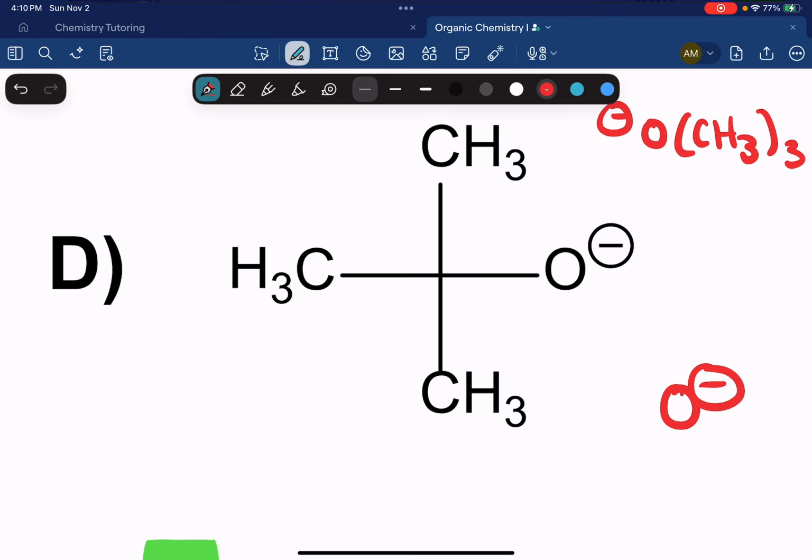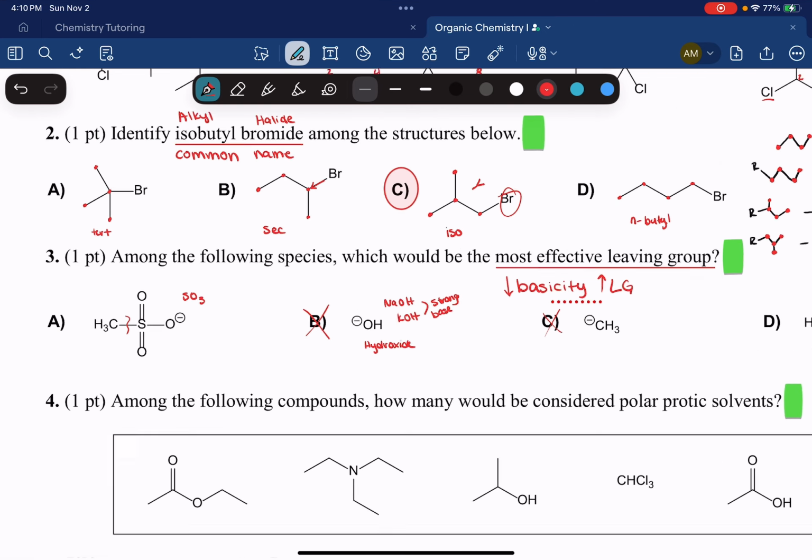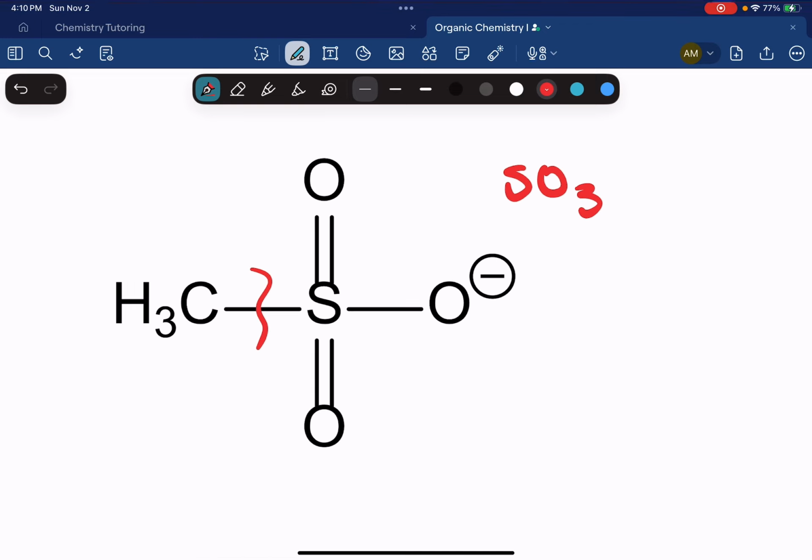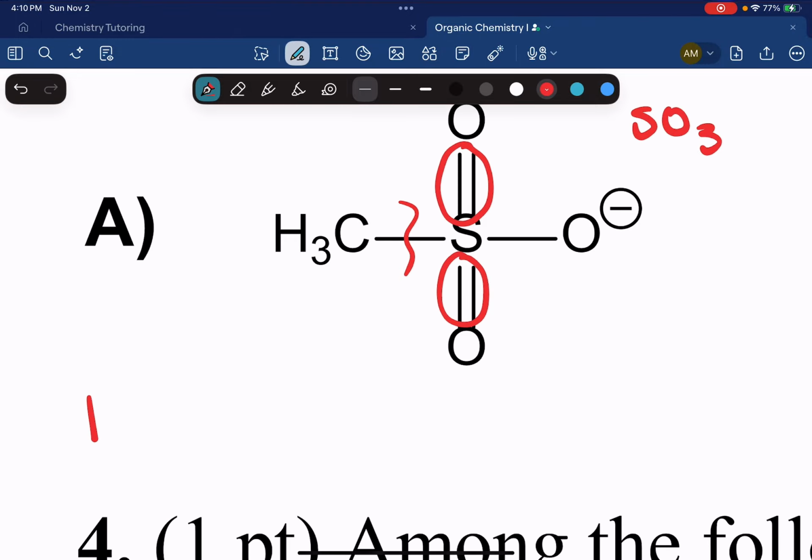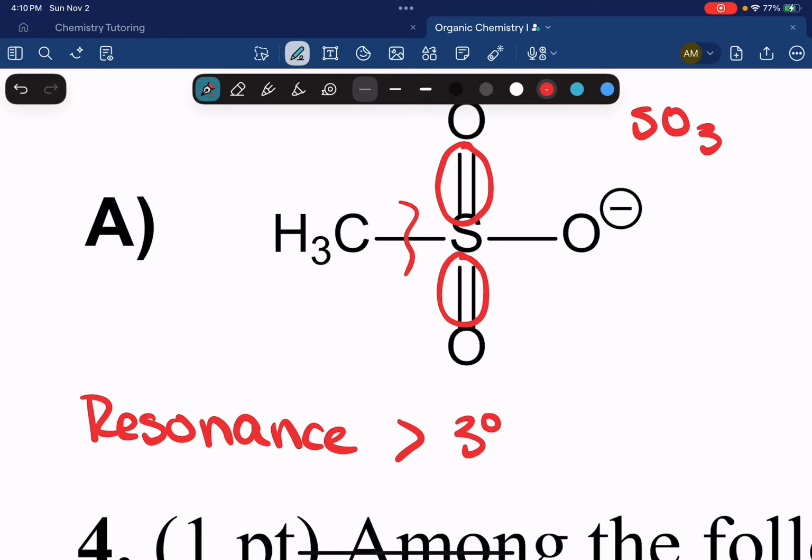So this oxygen, once it leaves, is going to leave a tertiary carbocation. This one isn't going to be a tertiary, but it has resonance because we've got double bonds, which makes it more stable. You know how resonance always trumps tertiary?